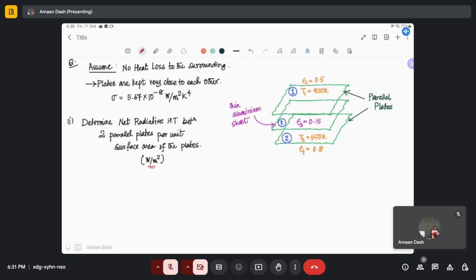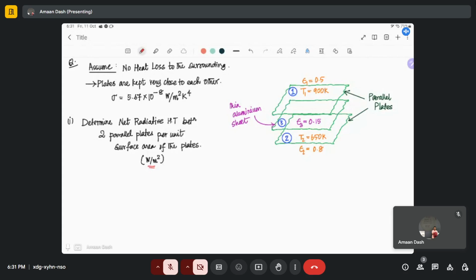So this question has different parts. So we'll do it one by one. So the first part is determine the net rate of radiation heat transfer between the two plates per unit surface area of the plate.